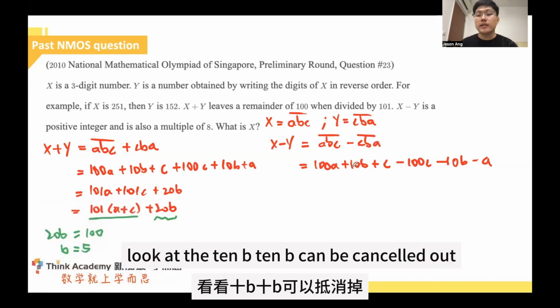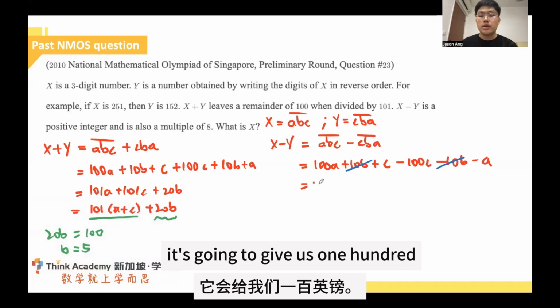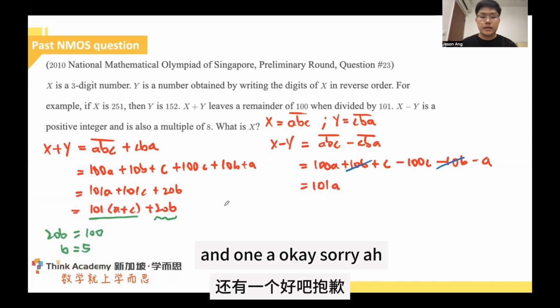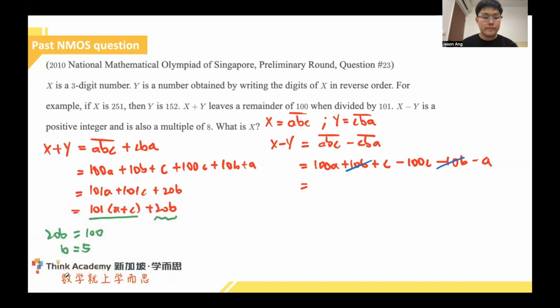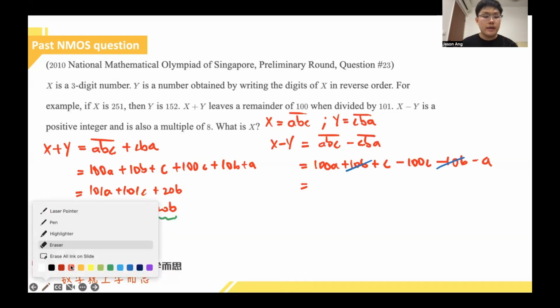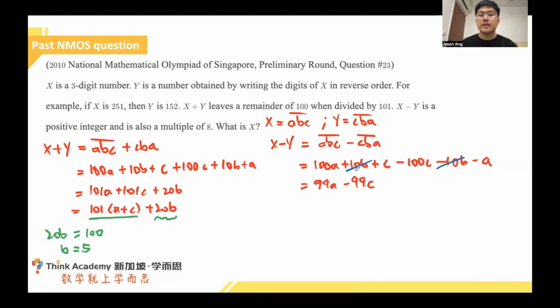Look at the 10B. 10B can be cancelled out, and we combine our A and C together. It's going to give us 101A. Okay, sorry, we'll get 99A, and we're going to get minus 99C. So this can be simplified to 99 times (A minus C).